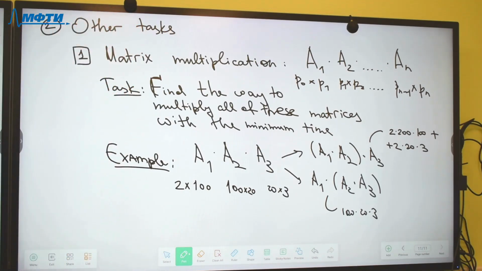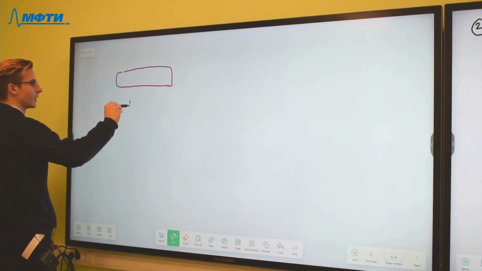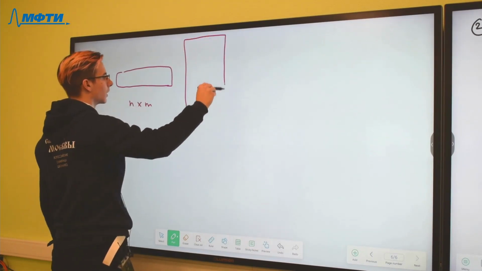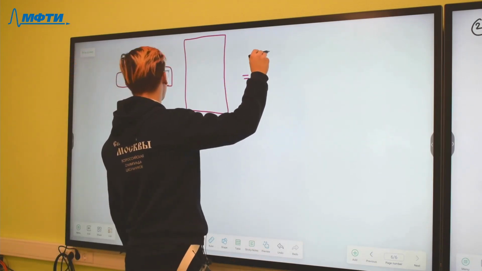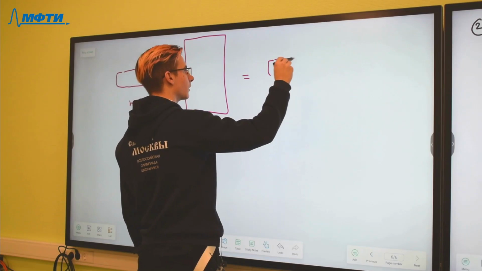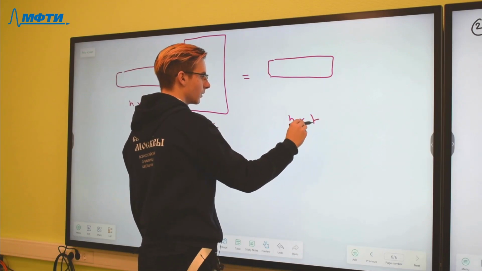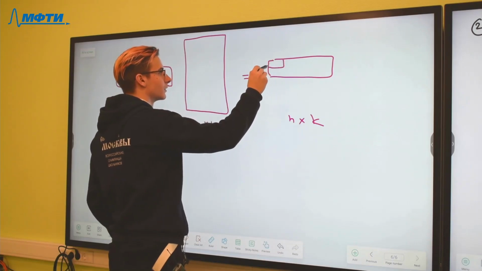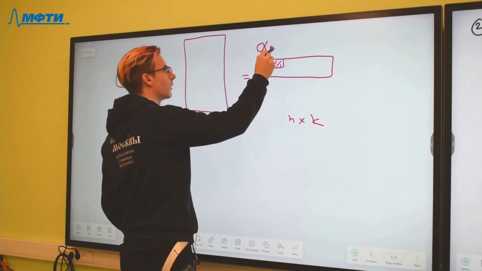Because remember how we multiply two matrices. If we have matrix N by M multiplied by M by K, as a result, we get N by K.